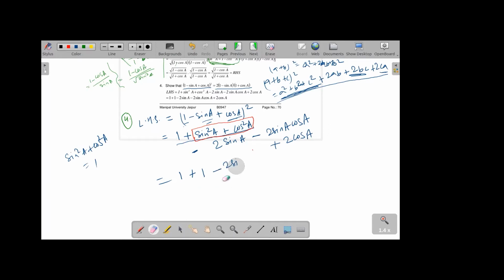One thing we can do is take a common term out of these: this is 1 plus 1, and from the others minus 2 sin a. We can take minus 2 sin a as a common term. Then the remaining will be 1 plus cos a. And in the last, it will remain the same, cos a.